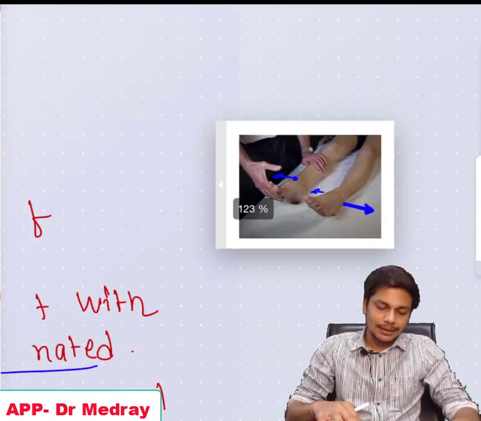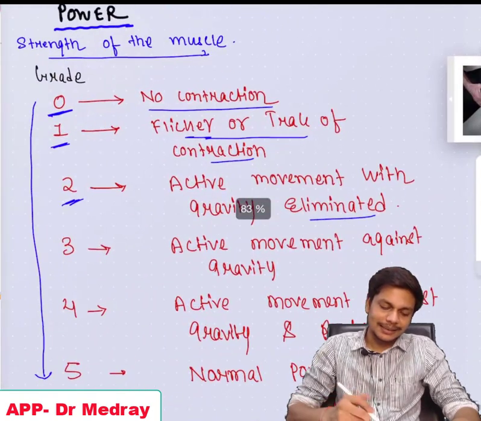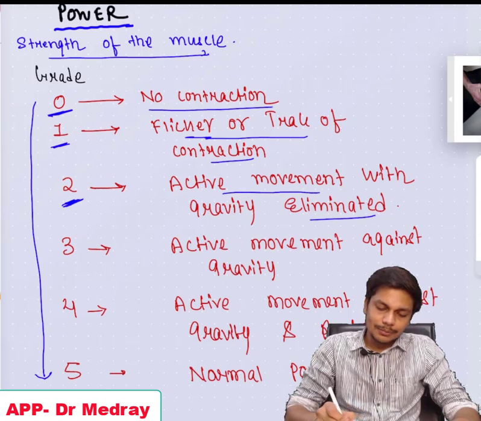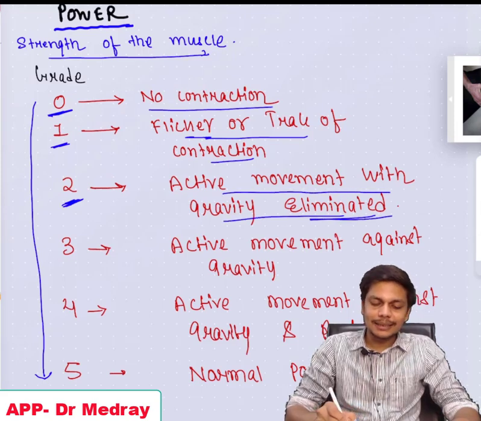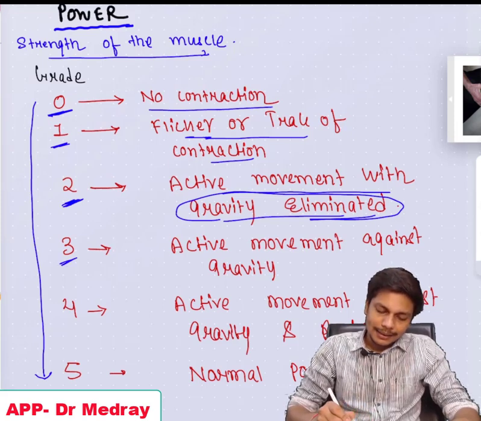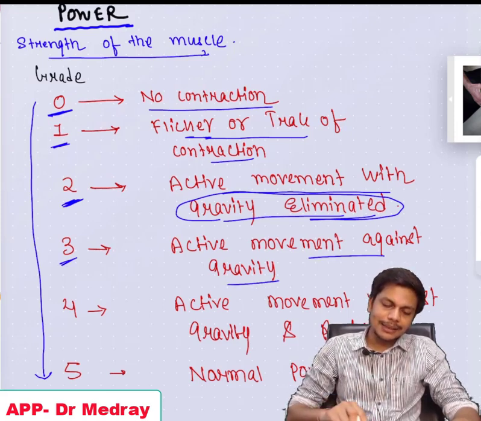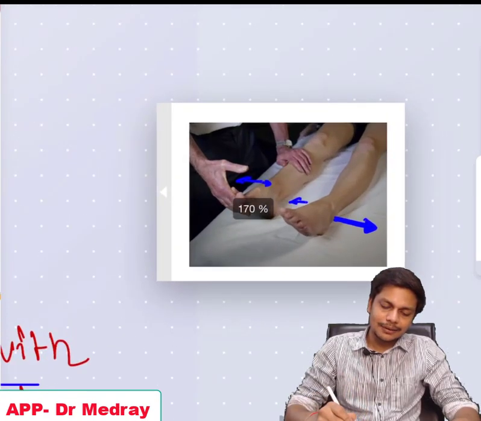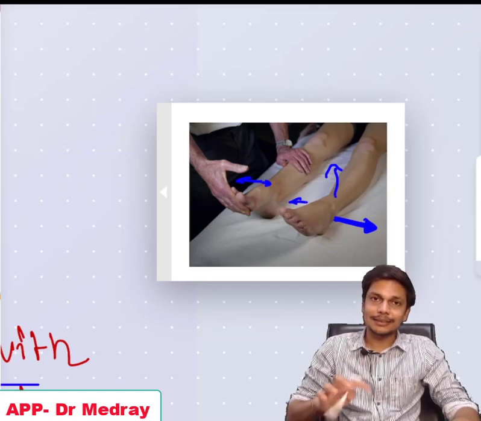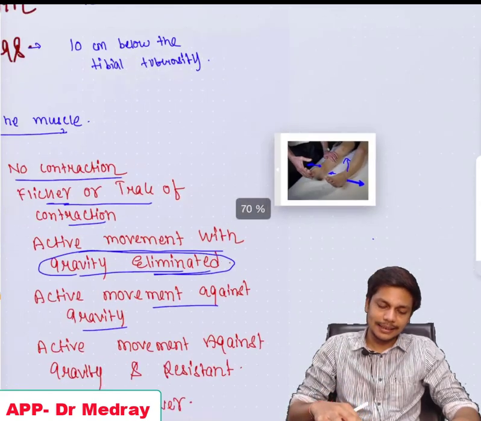That is, the power of the patient is 2 by 5, which means there is active movement with gravity eliminated, and the power is 3 when there is active movement against gravity. That means the patient can lift the leg above the bed.